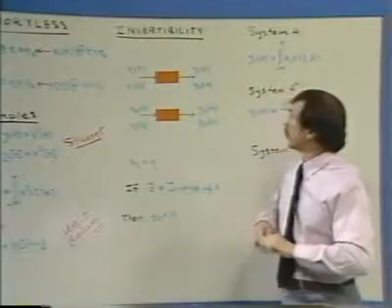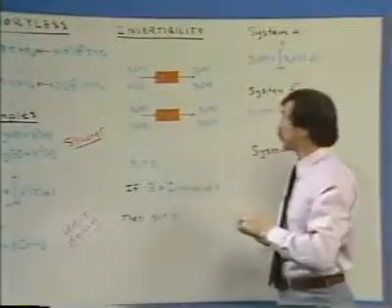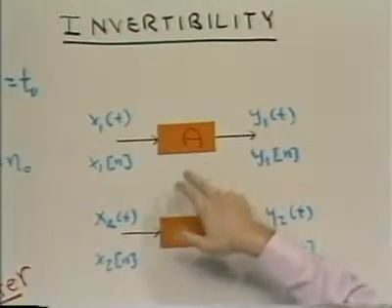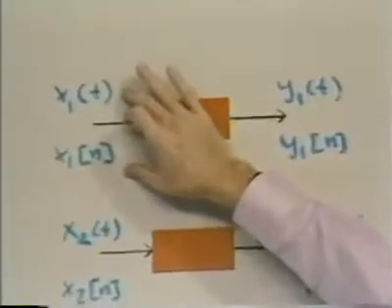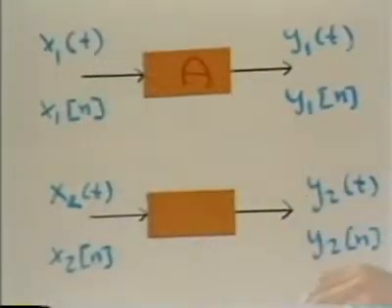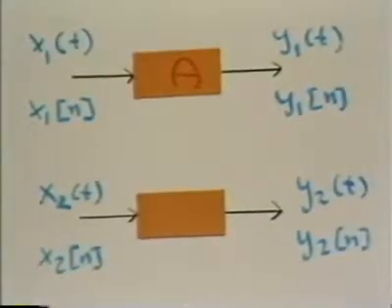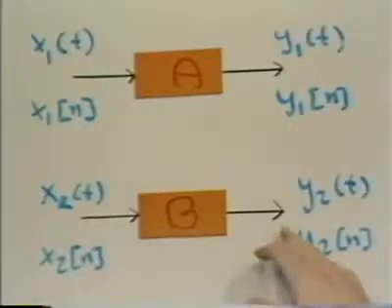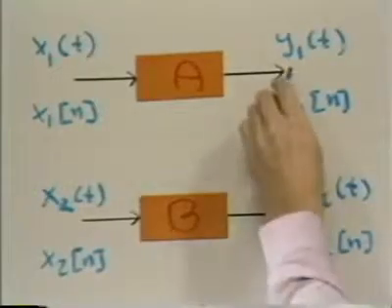So let's consider a system, and here is a system which I refer to as system A, and this could be continuous time or discrete time. It has an input, x1 of t or n, depending on whether it's continuous time or discrete time that we're talking about, and an associated output. And here we have system B with its associated input and output. And now let's put these two systems in cascade.